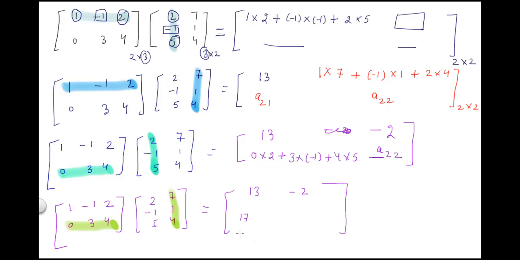By multiplying the second row with the second column, we get 0 cross 7. Then plus 3 cross 1, then plus 4 cross 4. So we get the final matrix answer as 13, minus 2, 17 and minus 13.